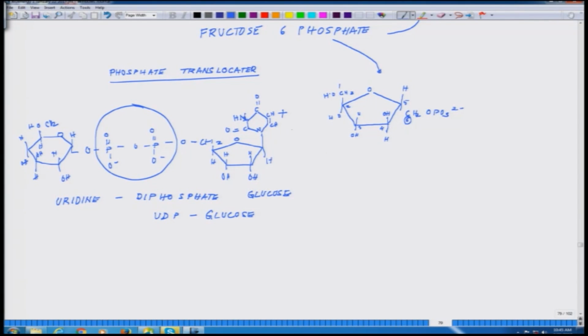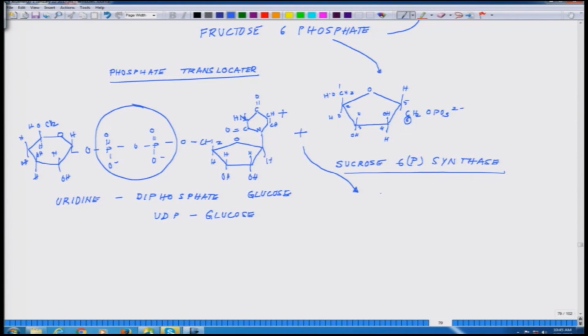So, when these two molecules react with each other in the presence of sucrose 6-phosphate synthetase, sucrose 6-phosphate synthetase is the enzyme which is involved in it.